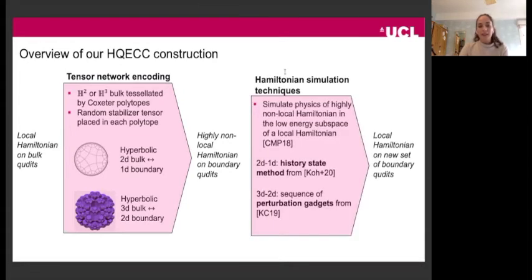And then, as you probably expect, the second step of the simulation is to apply these Hamiltonian simulation techniques. And as Tamara's gone through, this allows us to simulate the physics of this highly non-local Hamiltonian in the low energy subspace of a local Hamiltonian. In the 2D boundary case, we're able to apply a similar sequence of perturbation gadgets as in the work that Tamara's just presented.